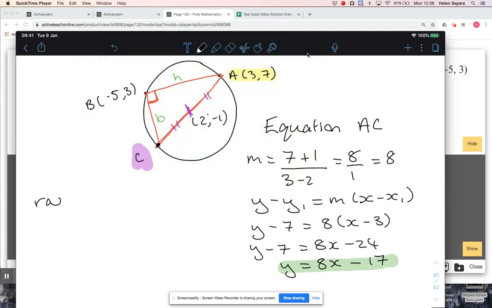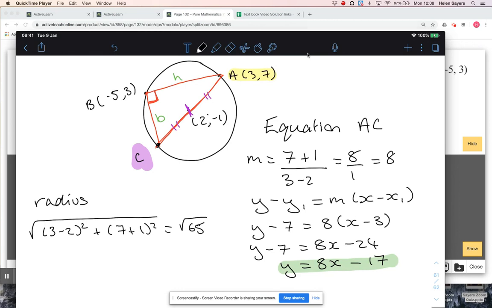The radius is just going to be the distance from (2, -1) to (3, 7). So that is going to be the square root of (3 minus 2) all squared plus (7 minus -1) all squared. Let's do that on my calculator, so that is going to be root 65, I think, isn't it? 1 plus 64. Okay, so that's root 65.